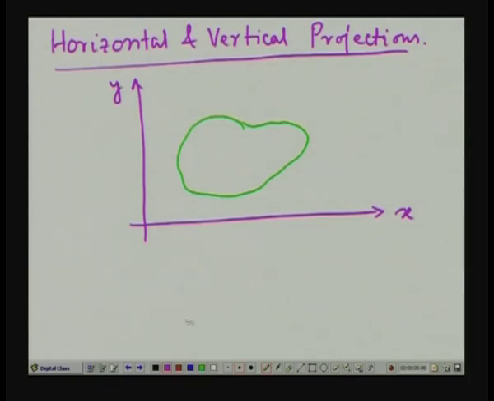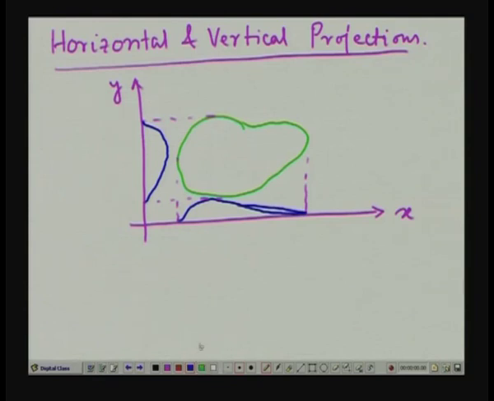So, what I do is I take the projection of this on my horizontal axis, and this becomes the horizontal projection. The projection will become something like this. And I also take the projection of this area on the vertical axis. In this particular case, the projection on the vertical axis will become something like this.